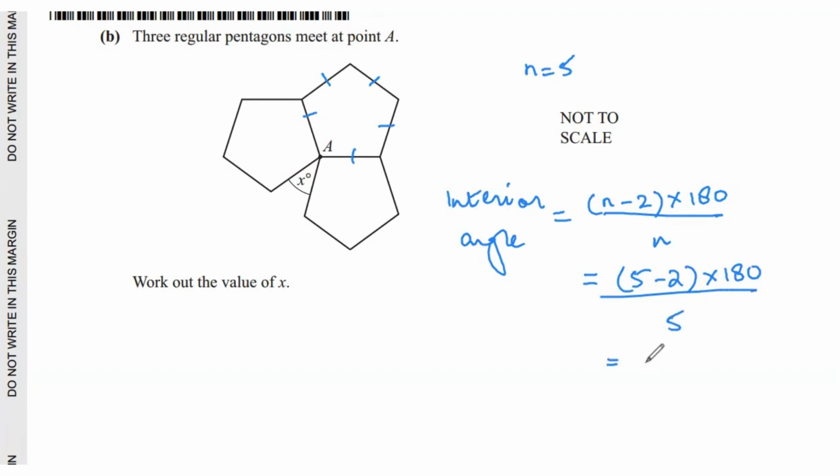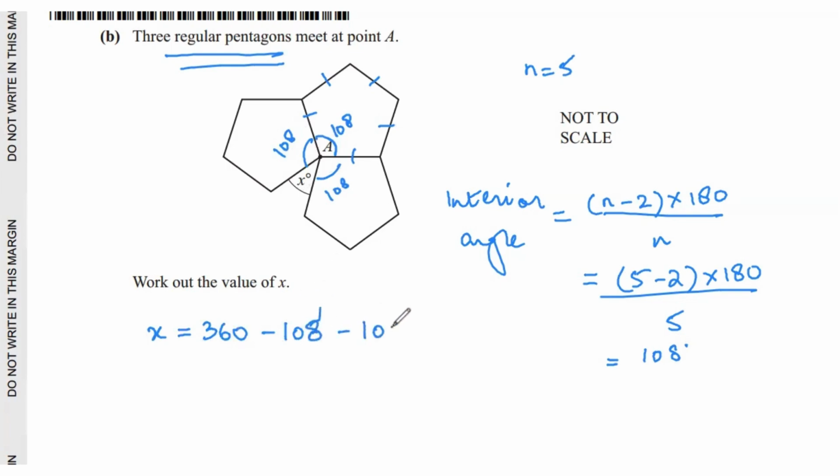That gives us 108, which means this is 108, this is 108, and this is also 108. Why? Because it's a regular pentagon. So in a regular pentagon, all interior angles will be the same. So since angles at a point add up to 360, x would be 360 minus 108, minus 108, and then again minus 108. So that's going to give us 36 degrees as x.